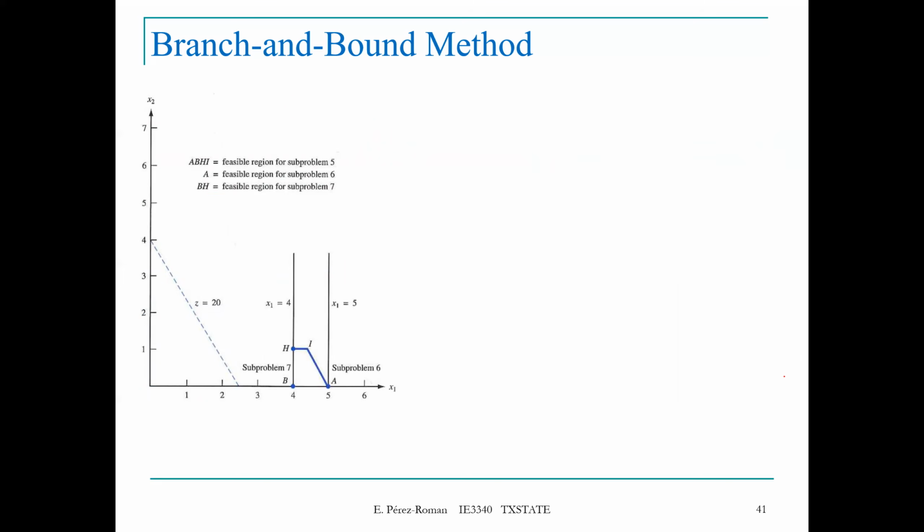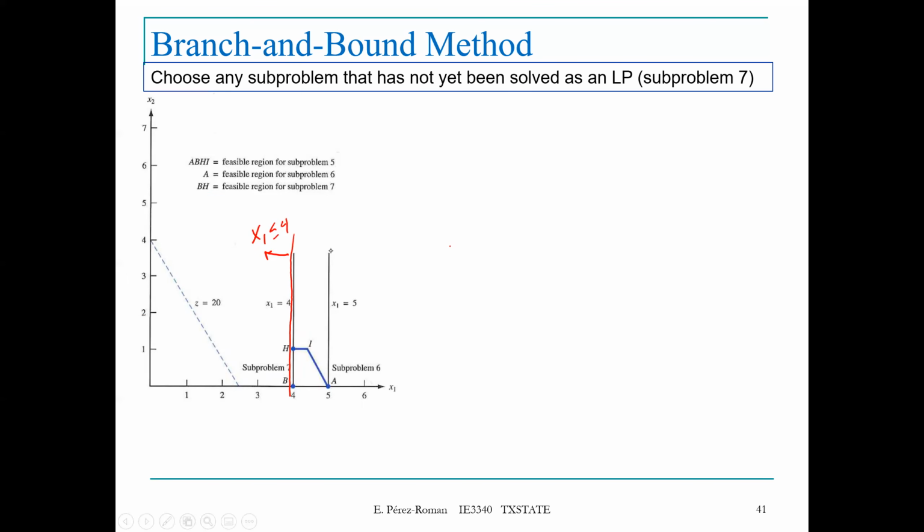So now we are adding these 2 constraints to that feasible region: x1 less than or equal to 4, and x1 greater than or equal to 5. And this blue line right here is the feasible region.